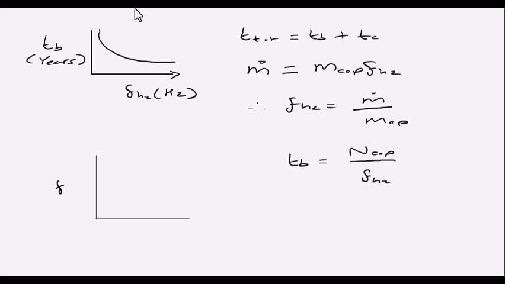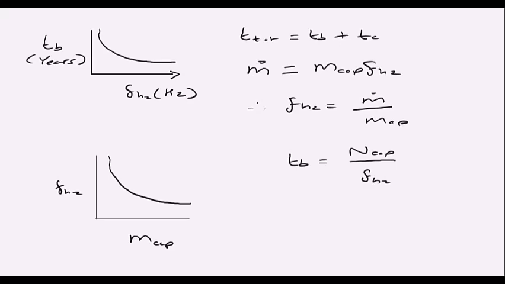So this is F hertz against the mass of the capsule, and this also is a 1 over x kind of relationship, as you can see.